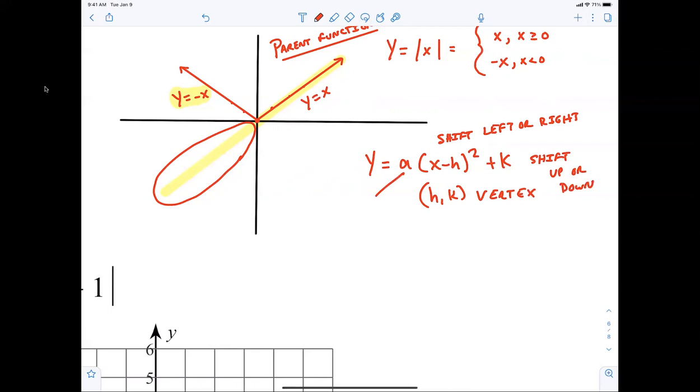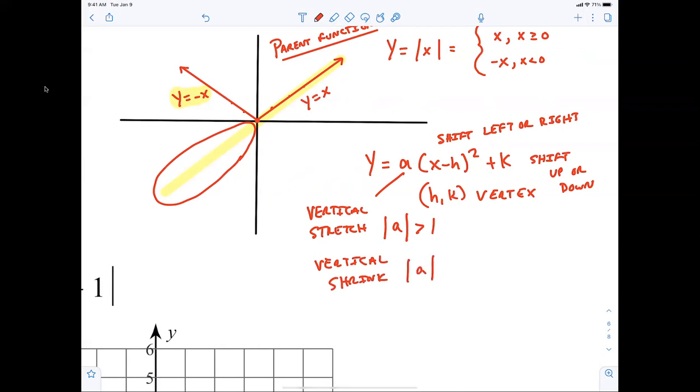And then a is considered to be the vertical stretch if the absolute value of a is greater than 1, or it's a vertical shrink if the absolute value of a is less than 1.